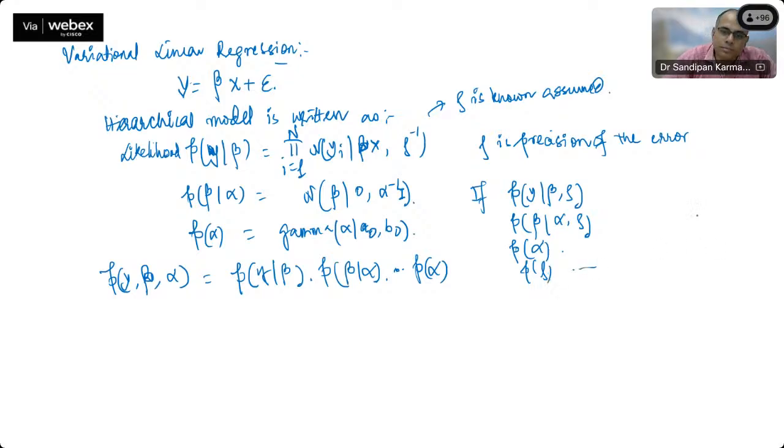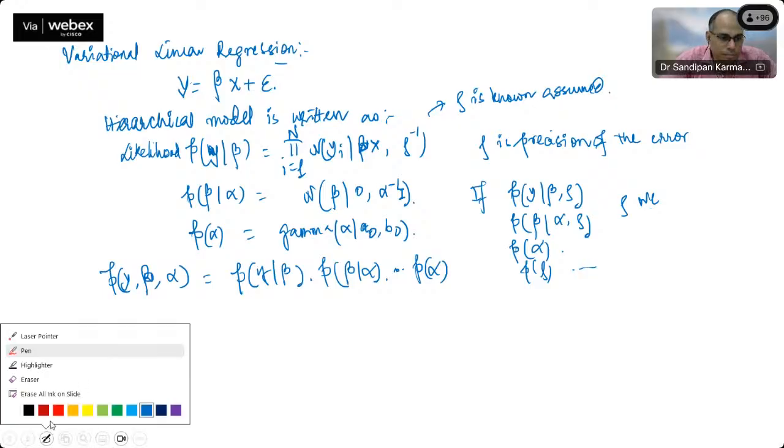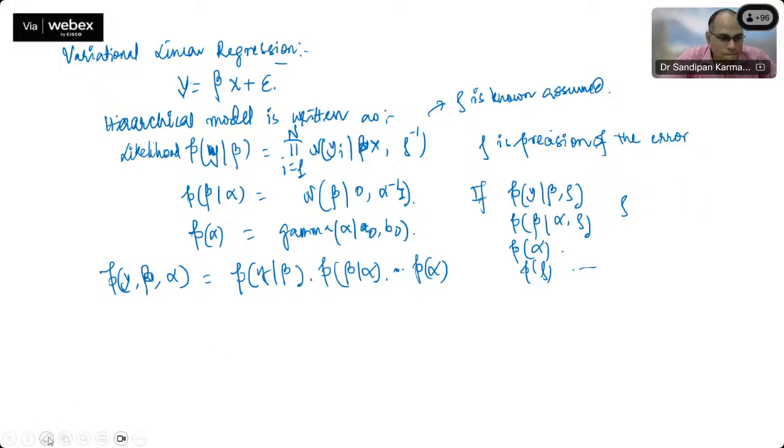That is the rho unknown case. Now I'm assuming that rho is known to us.